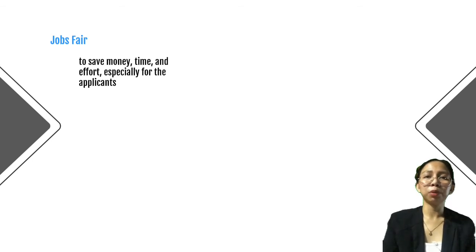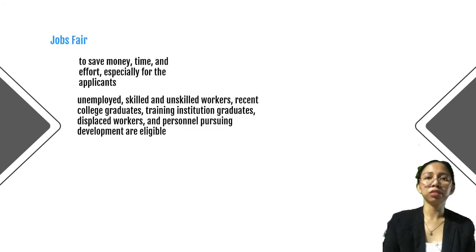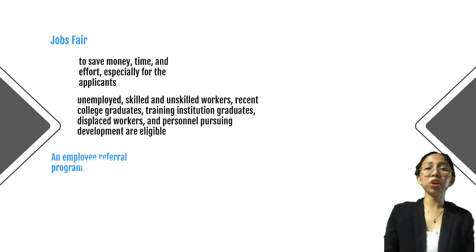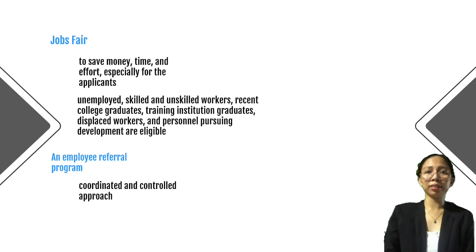And all unemployed, skilled, and unskilled workers, recent college graduates, training institution graduates, displaced workers, and personnel pursuing development are eligible. An employer referral program: employers use this coordinated and controlled approach to ask current employees to recommend candidates for available positions.